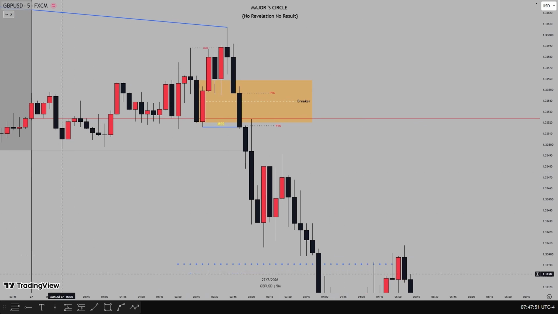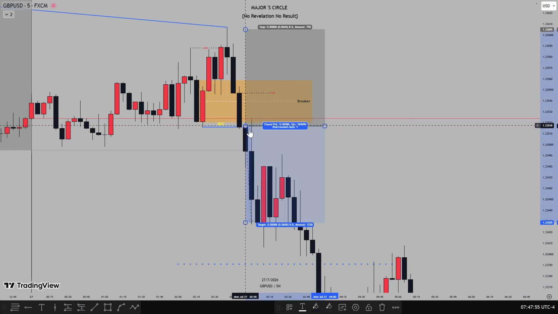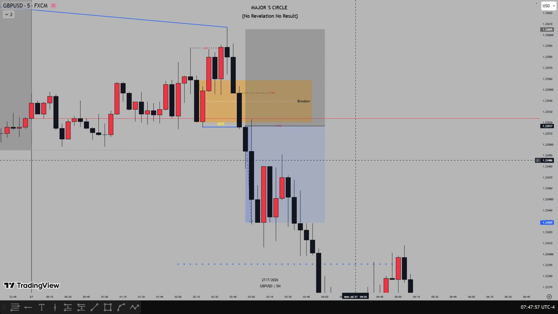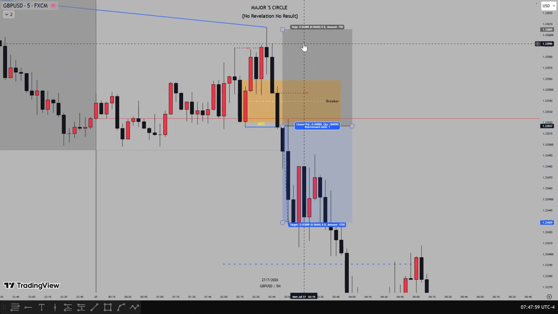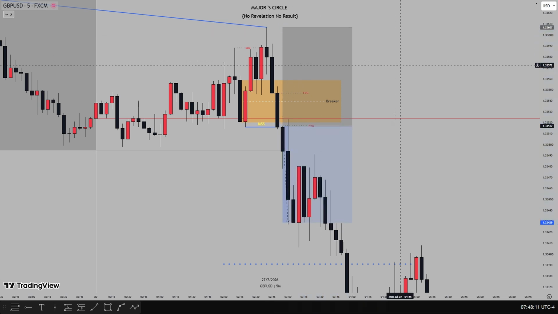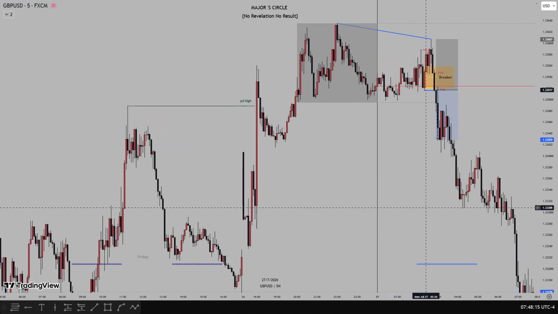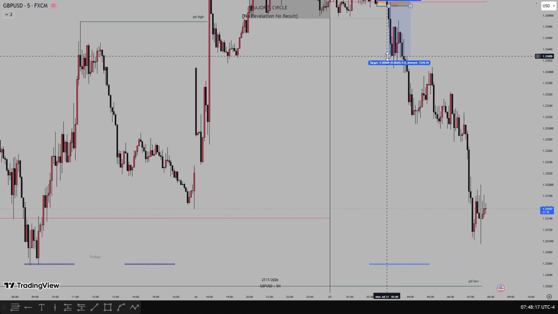So our entry is to be at this point, at the open of the fair value gap. Then the stop loss, put it somewhere around here, or the safest place to put the stop loss is above this swing high. That is a 9 pip stop loss, targeting a 1 to 3 RR.